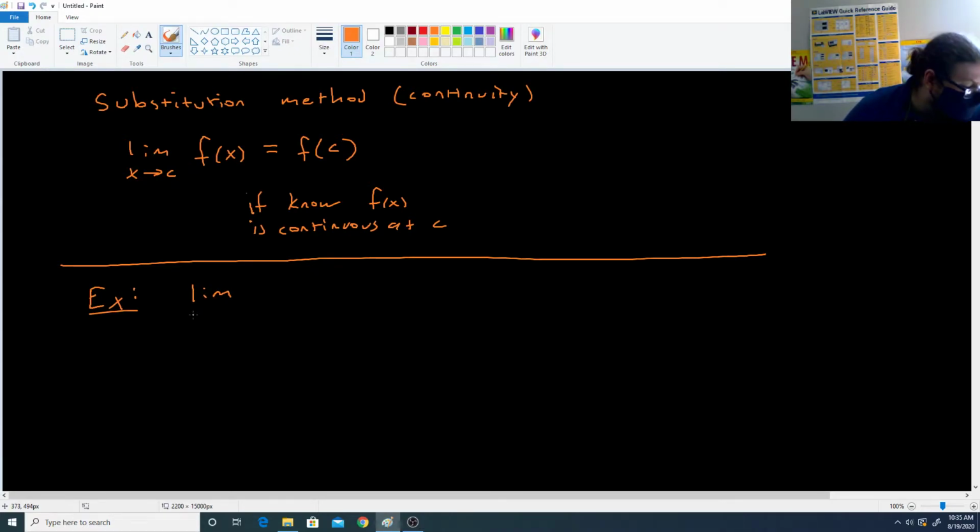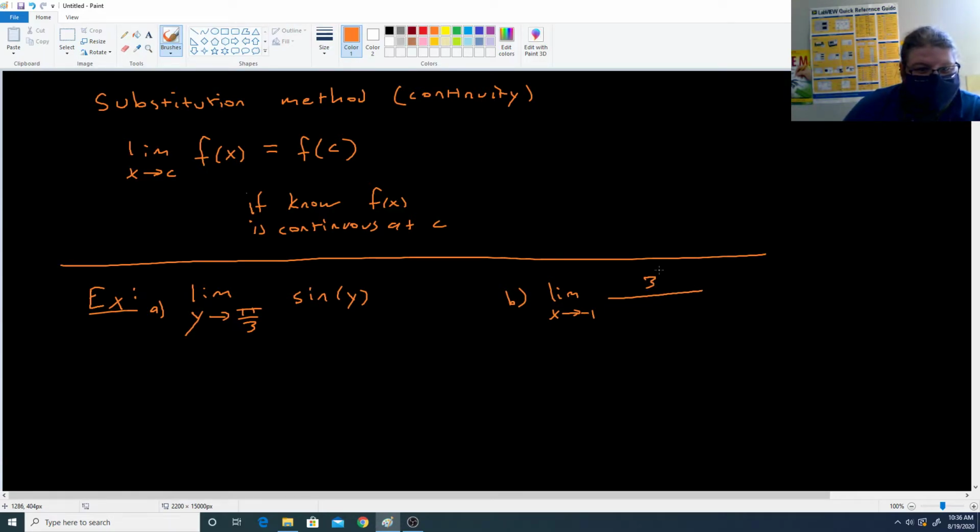So we'll say limit as y approaches pi over 3 of sine of y. That'll be our part A. And then part B. Part B will be, what about limit as x approaches -1 of 3 to the x, all that divided by the square root of x plus 5. So to evaluate this, it's going to be pretty easy.